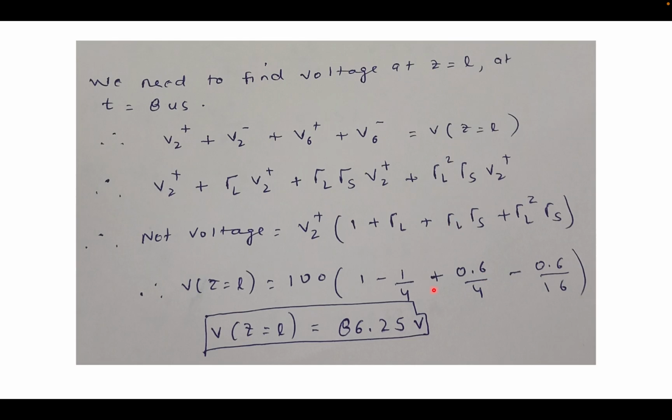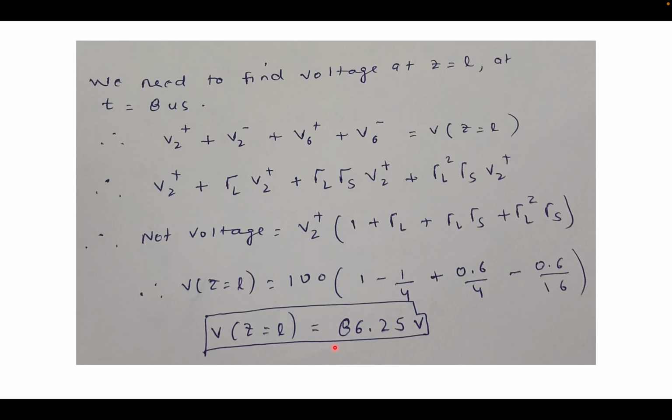Similarly, you have tau L squared times tau S, so here you will again have a negative sign, because tau L squared is positive and tau S is negative. So here you will have 0.6 by 16. Now one can solve this, and the voltage at Z equal to L at T equal to 8 microsecond is nothing but 86.25 volt.